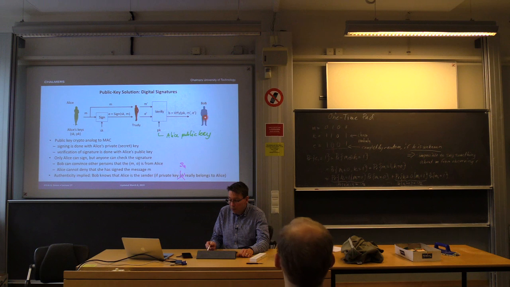So what Bob can say with 100% assurance is that this message has been signed by somebody who has the secret key. And hopefully this secret key is the one that belonged to Alice, and she has not left it lying around somewhere that somebody else could have picked it up.